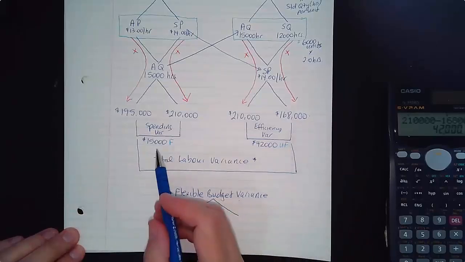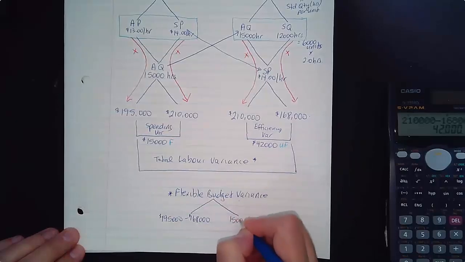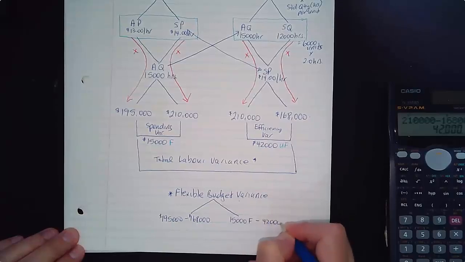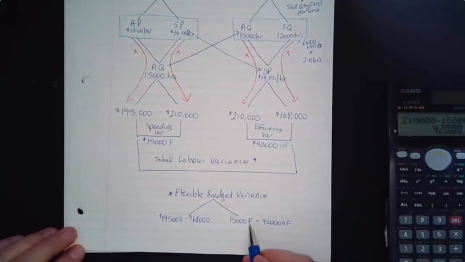Or we can take the two variances, the $15,000 favorable, subtract the $42,000 unfavorable. Why are we subtracting them? Because they're moving in opposite directions. If they were both favorable, we would add them. If they were both unfavorable, we would add them. But since they are opposite, we are going to subtract them.